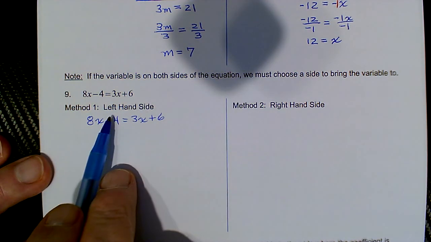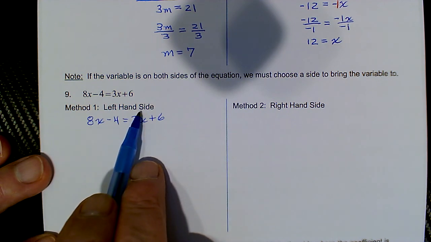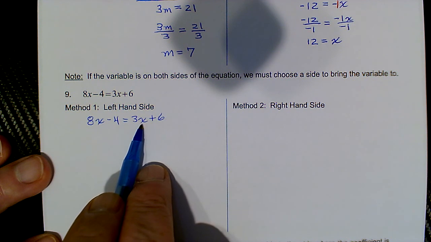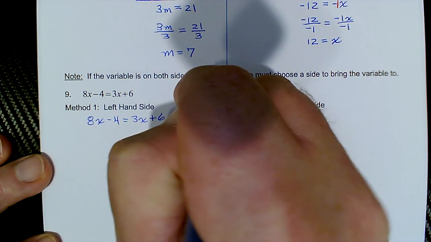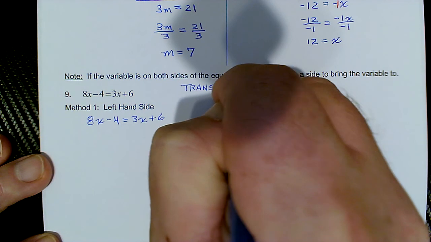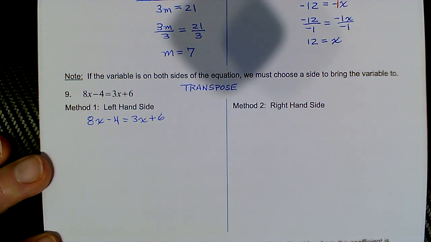And I mentioned in the notes here, this is method 1. We're going to bring the variable to the left-hand side. If we're going to bring the variable to the left-hand side, we're going to transpose the 3x. And remember, transpose is just a fancy term that's used to indicate that we're moving a term from one side of the equation to the other.